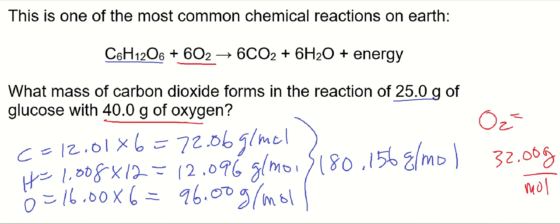We can do our stoich. It wants to know the mass of carbon dioxide, so we'll do that one as well because we're doing all the molar masses, so just get them out of the way. All right, carbon again is 12.01, and then oxygen is 32.00 because there's 2 of them.